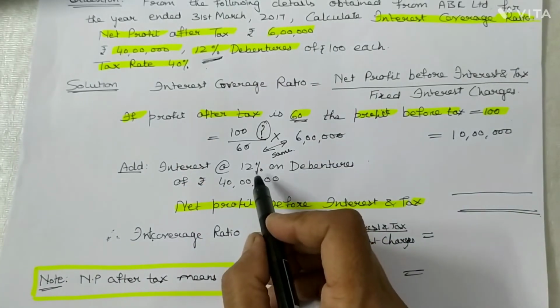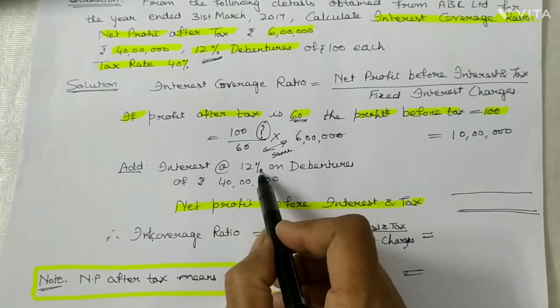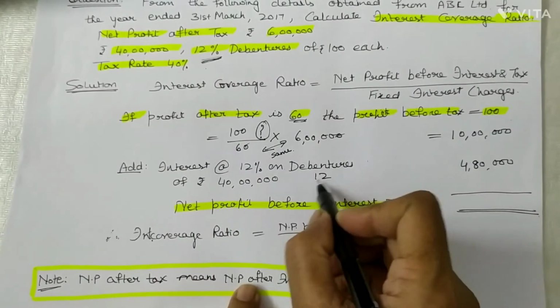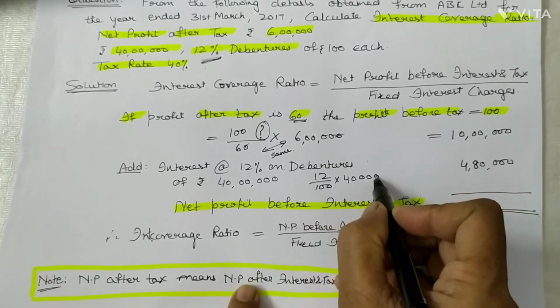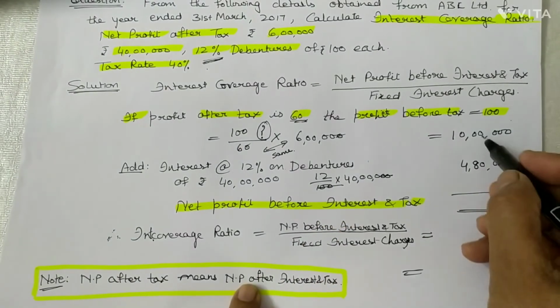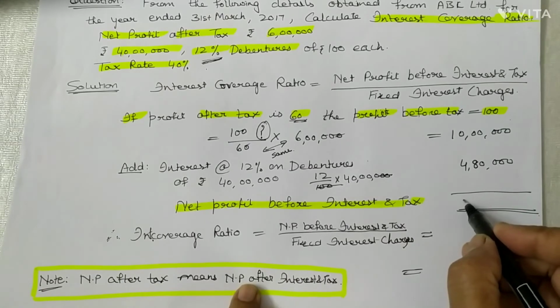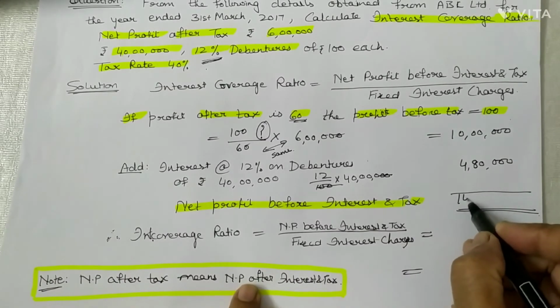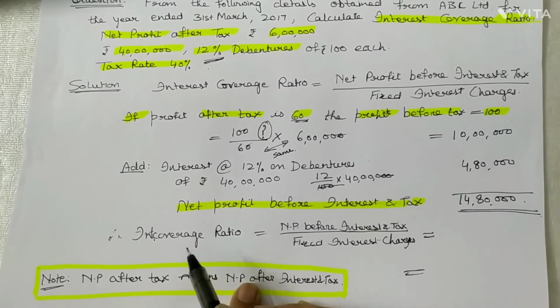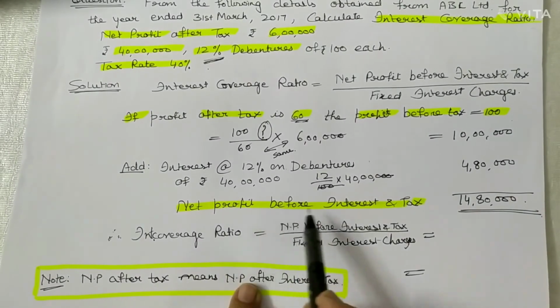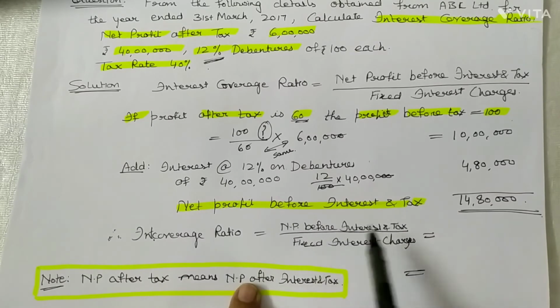So interest at the rate of 12% on debentures of rupees 40 lakh. This total comes to 14 lakh 80,000. Then you have to put this figure, net profit before interest and tax, here, 14 lakh 80,000.